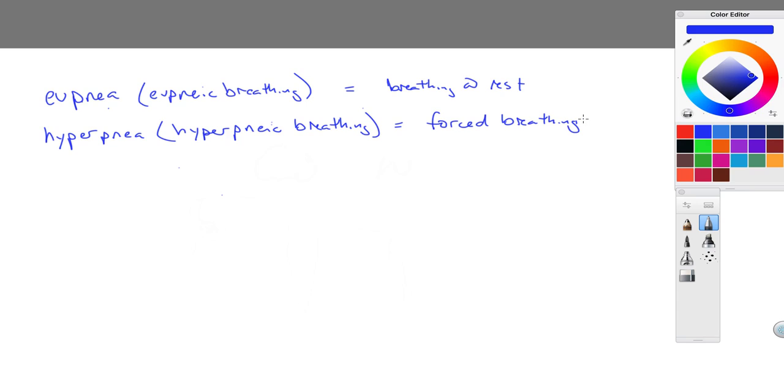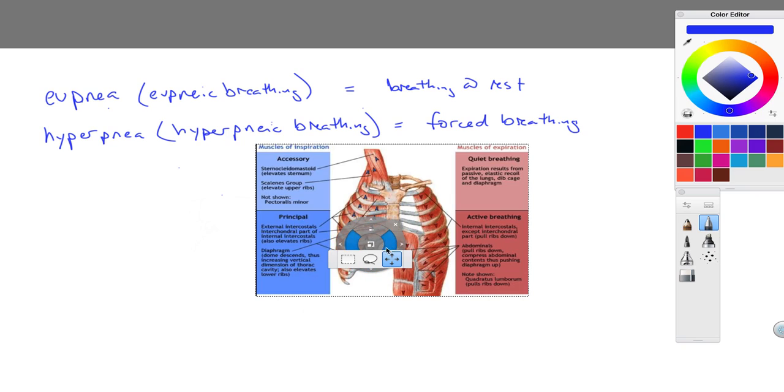And we'll have to talk about eupneic and hyperpneic breathing. And these are driven by the respiratory muscles, whether it's normal breathing or forced breathing. They are driven by the respiratory muscles, which we see here.